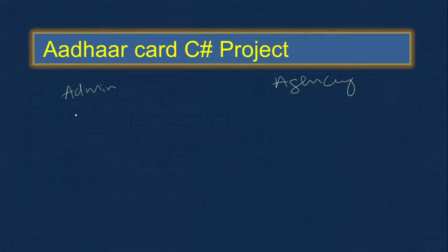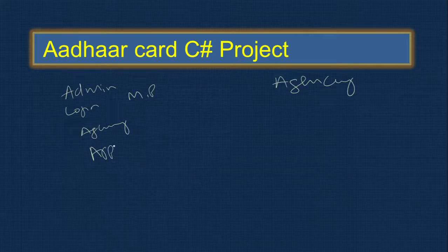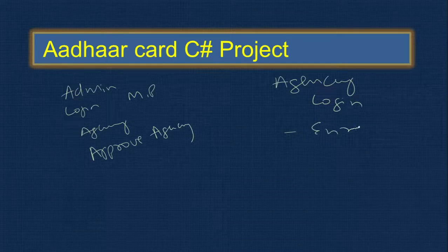So the admin can log in and go to the main page. Here are the options. We can create the agency, and once the agency is created, we can approve it. Once it's approved, the agency can log in and go and enroll.